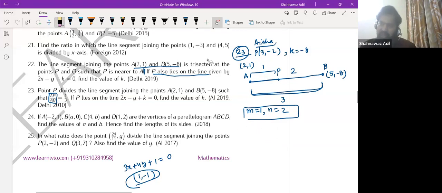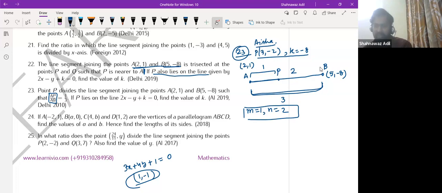The correct answer is this, because the question is the same, right? The coordinates are the same and the ratios are also the same as the previous question.